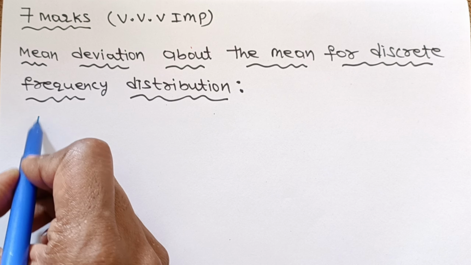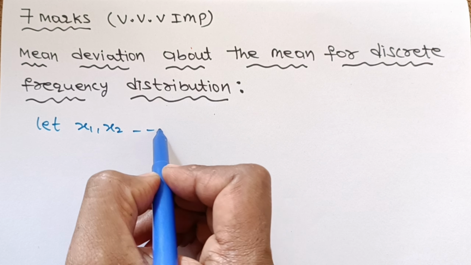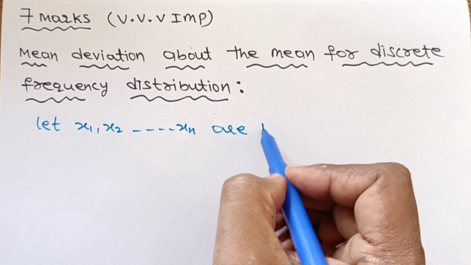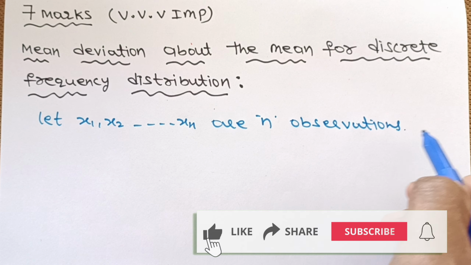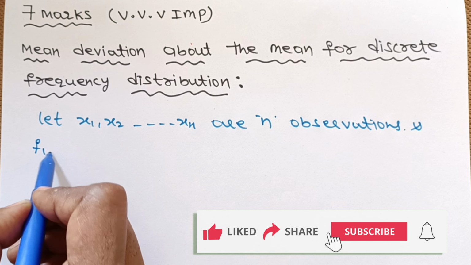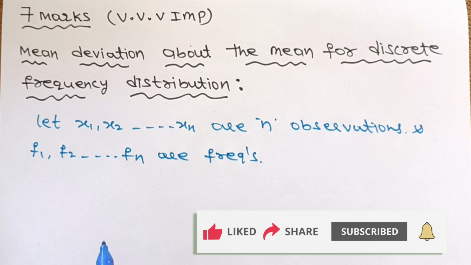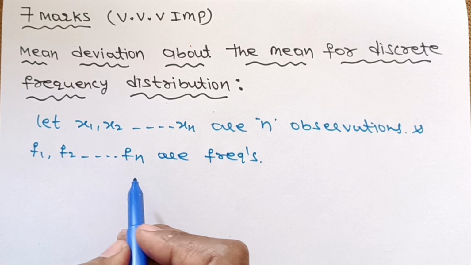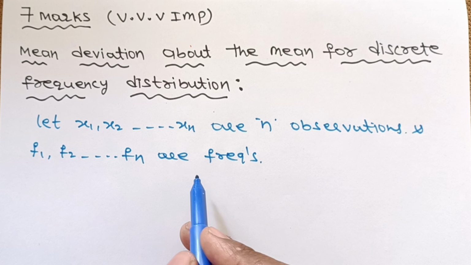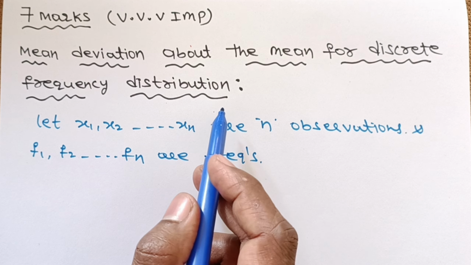Let x1, x2, and so on up to xn be the n observations, and we can consider their frequencies f1, f2, and so on up to fn. Discrete frequency means both observations and frequencies are there. This type of frequency is called a discrete frequency distribution.